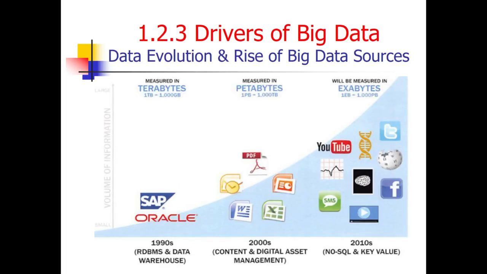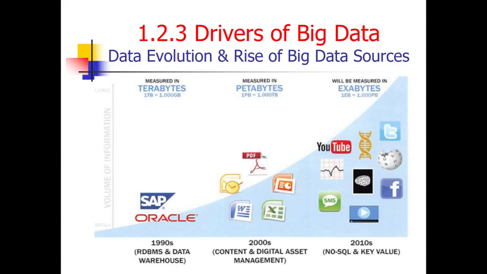Next, the same thing is represented in a pictorial, graphical manner. In the 1990s, initially, this is the first evolution of big data: RDBMS and data warehouses generated from Oracle, and SAP is also part of generating sample data in the 1990s.